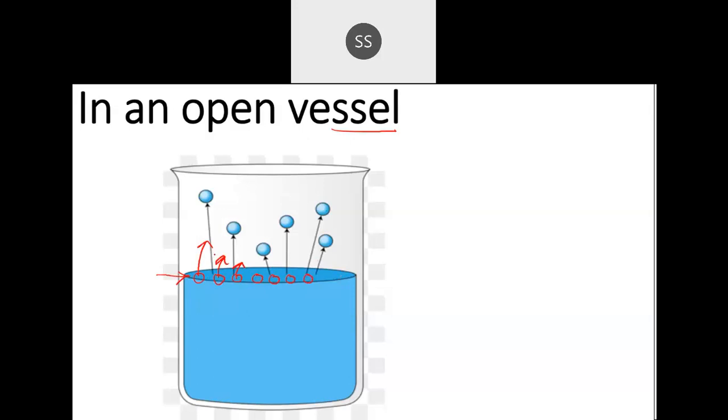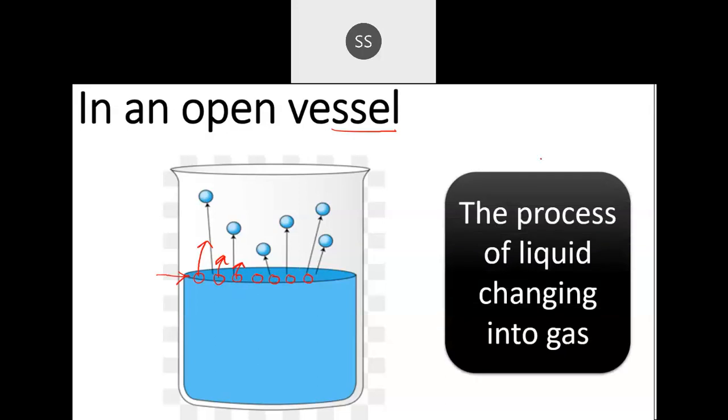They have acquired more kinetic energy, and due to that more energy, they have just escaped in the form of a gas. So this process is called evaporation. Evaporation is simply the process where the liquid is changing into a gas.